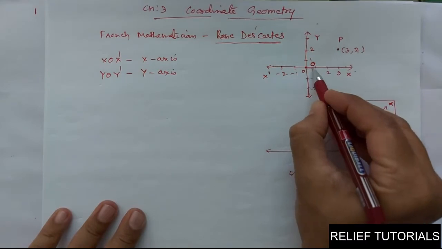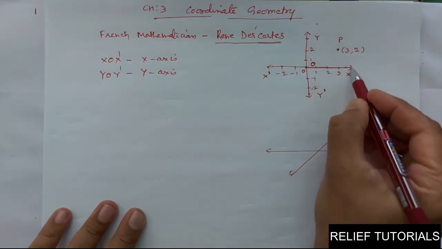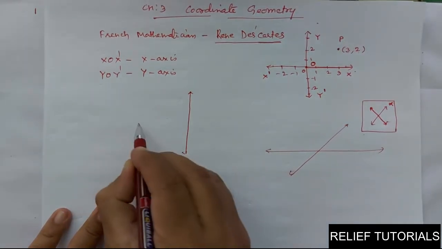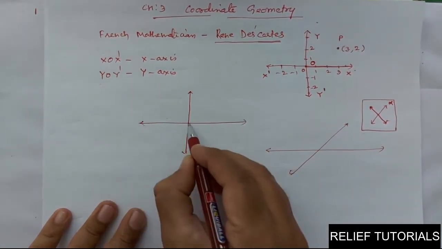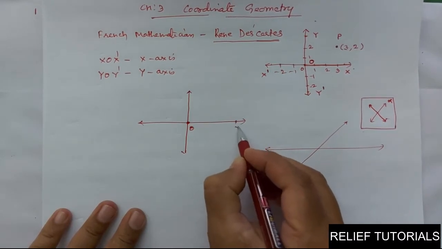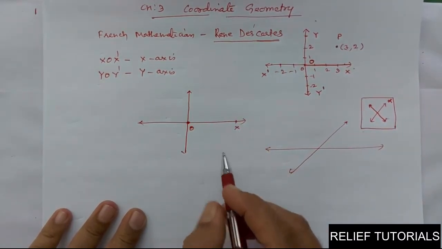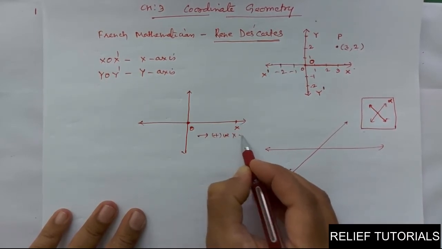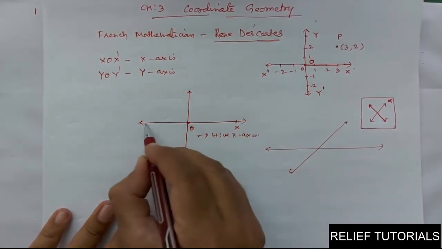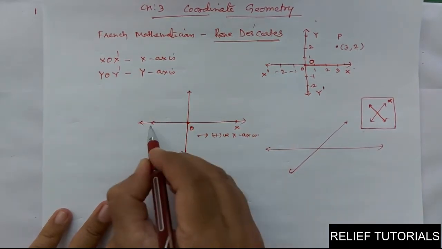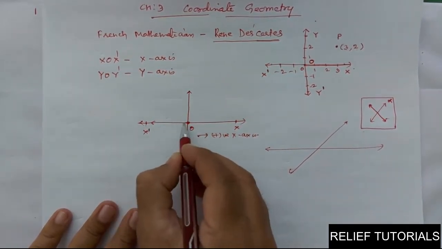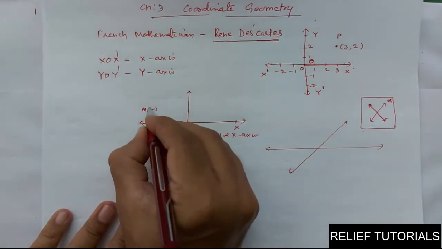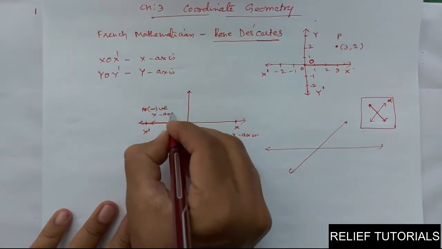And this direction, OX, is called the positive x-axis. This is O and this is X. So this is called the positive x-axis, and here OX dash is called the negative x-axis.